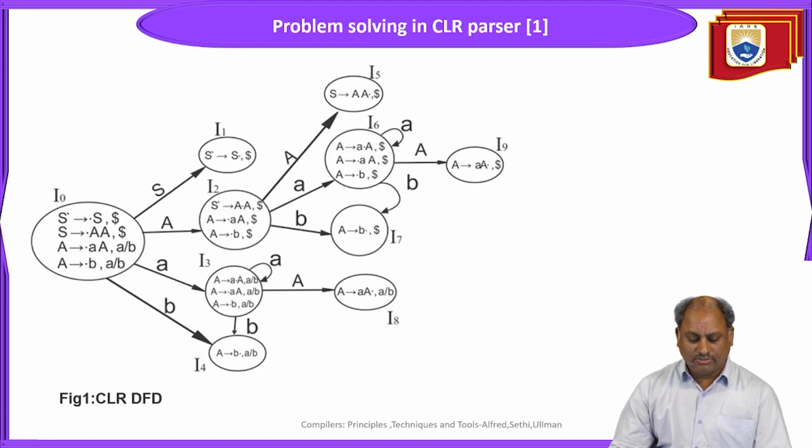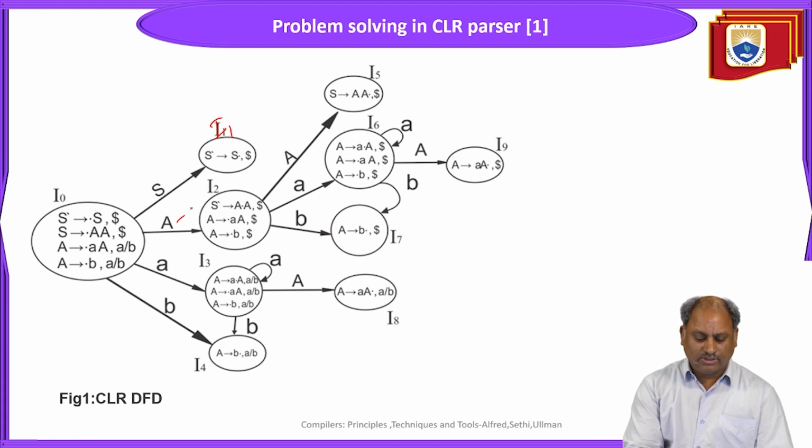That is to be implemented with the help of this data flow diagram. Capital S reaches state I1, and capital A reaches a new state. Why? Because here the first production is S derives S dot, so it reaches the end, and the dollar symbol is available as the look ahead at the end.